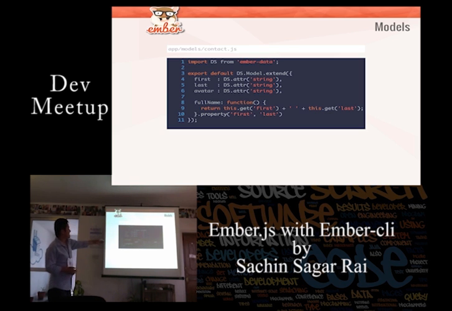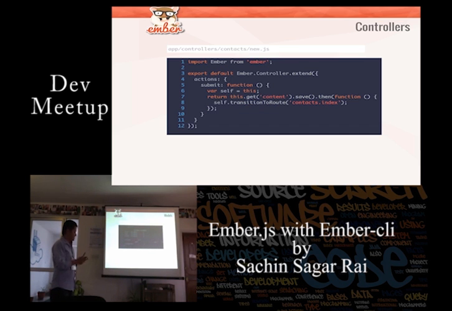If the first name or the last attribute changes, that fullName function gets re-triggered, and it will return that changed concatenated string. For example, let's say first is Sachin and last is Sagar, and if I change first to someone, this fullName function would return automatically someone Sagar. So this is the property thing in Ember.js. This is the model part.